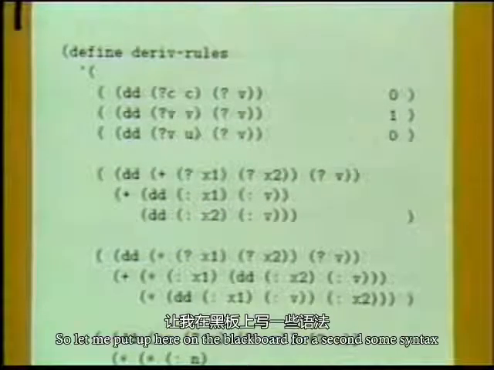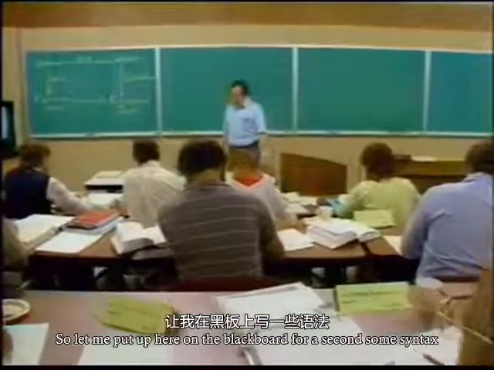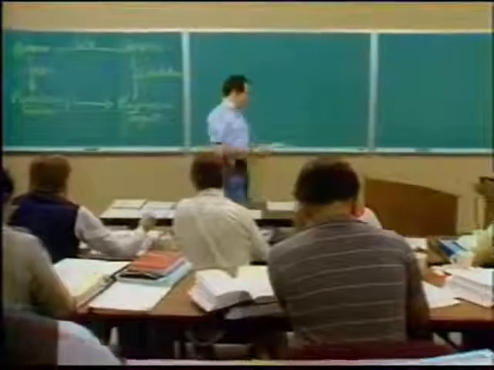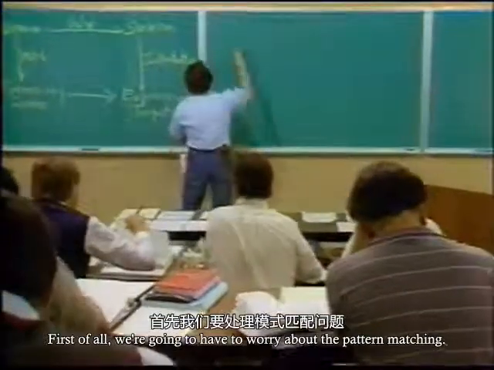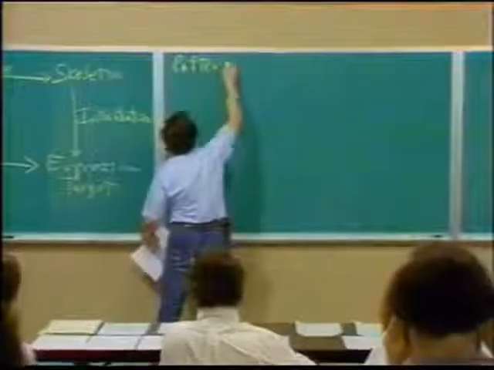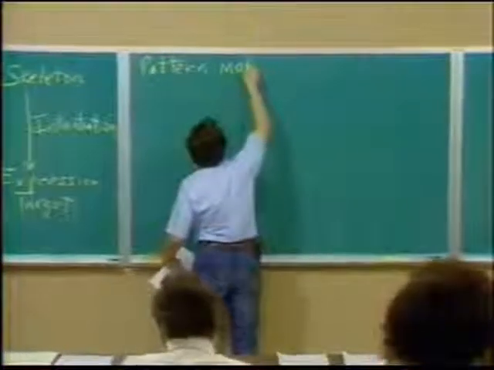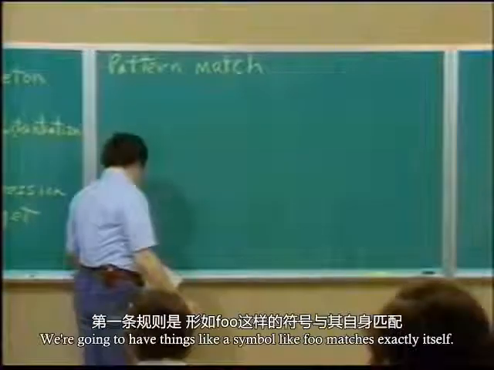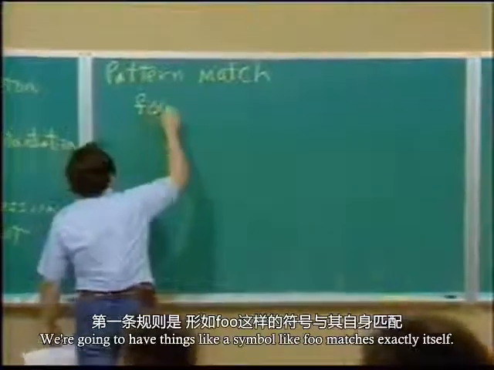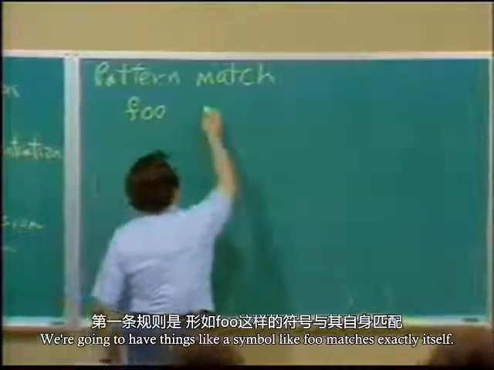So let me put up here on the blackboard for a second some syntax so we'll know what's going on for this rule language. First of all, we're going to have to worry about pattern matching. We're going to have things like a symbol like foo matches exactly itself.